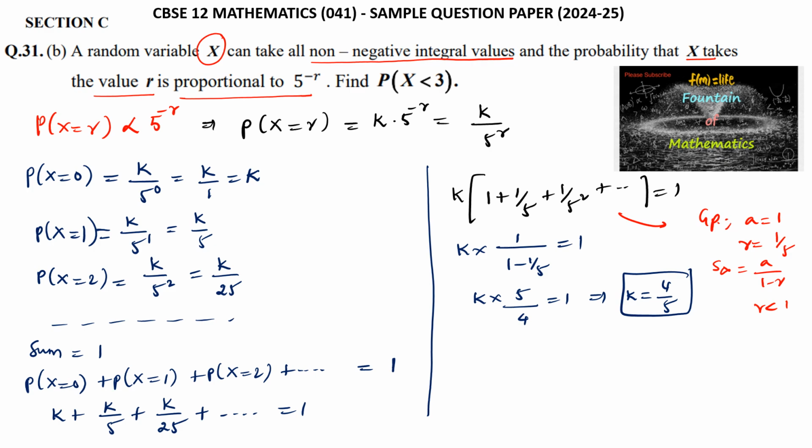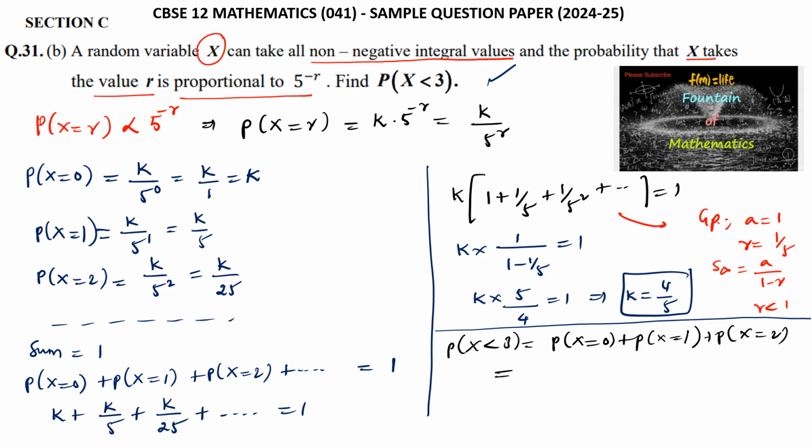So once we got the value of k, now we need to find the probability x less than 3. Now p at x less than 3 is equal to p at x is equal to 0 plus p at x is equal to 1 plus p at x is equal to 2. At x is equal to 0, we can say the k value, that is 4 by 5, plus at x is equal to 1, we can write 4 by 5 into 1 by 5, and at x is equal to 2, we can write 1 by 25.